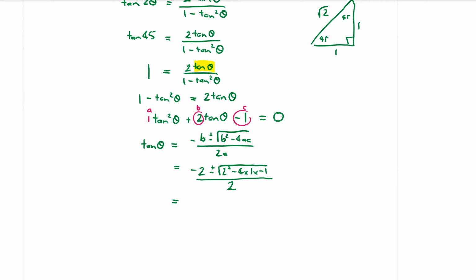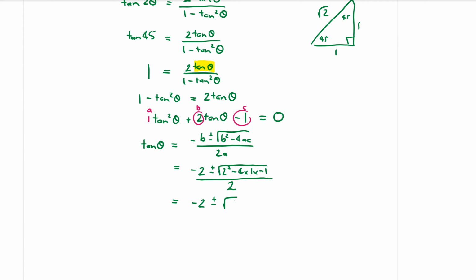Simplifying that, now I want the exact value. The question said I want the exact value, so don't go typing that in the calculator and giving me a decimal here. Let's work out what's underneath that square root sign. So we have minus 2 plus or minus 2 squared minus, so minus 4 times minus 1 will make a plus 4. So it's really 4 plus 4, which is 8.